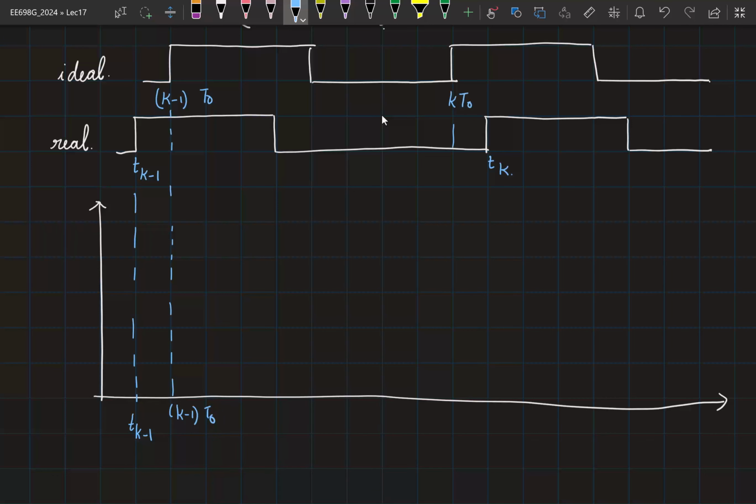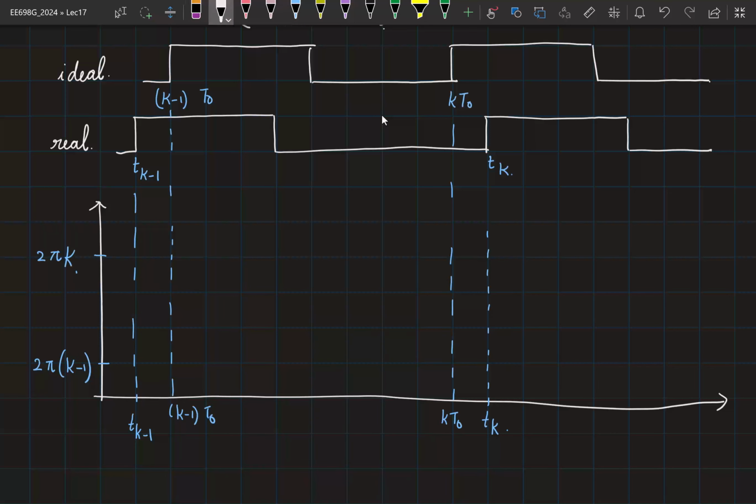Similarly, this corresponds to k t naught and this is tk. Right? Let me also mark 2 pi into k minus 1 and let's say this is 2 pi k.